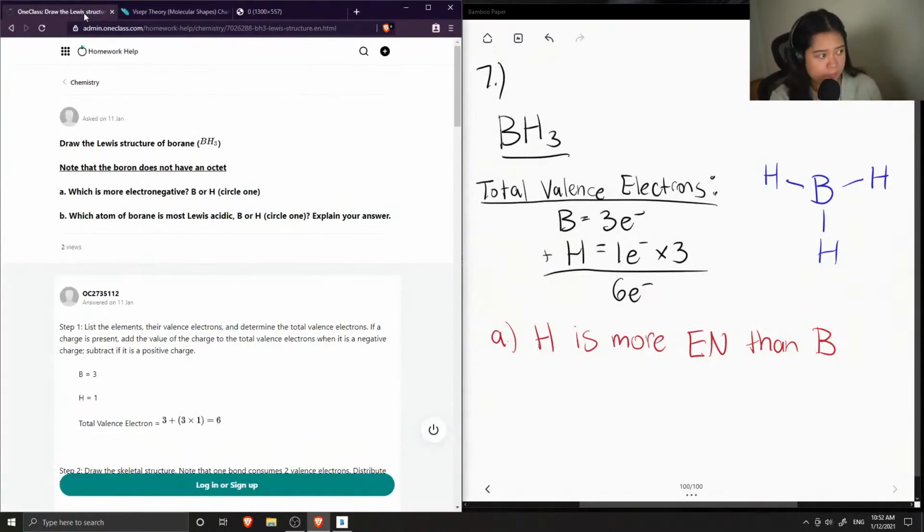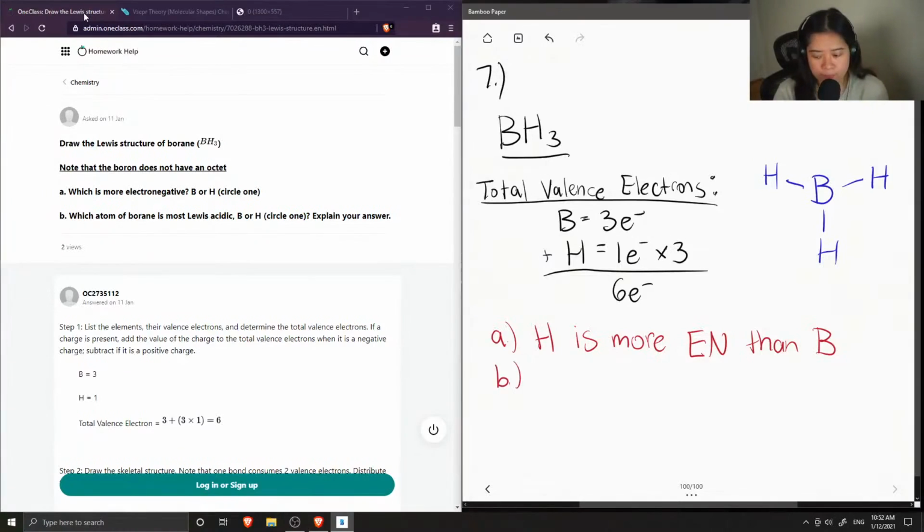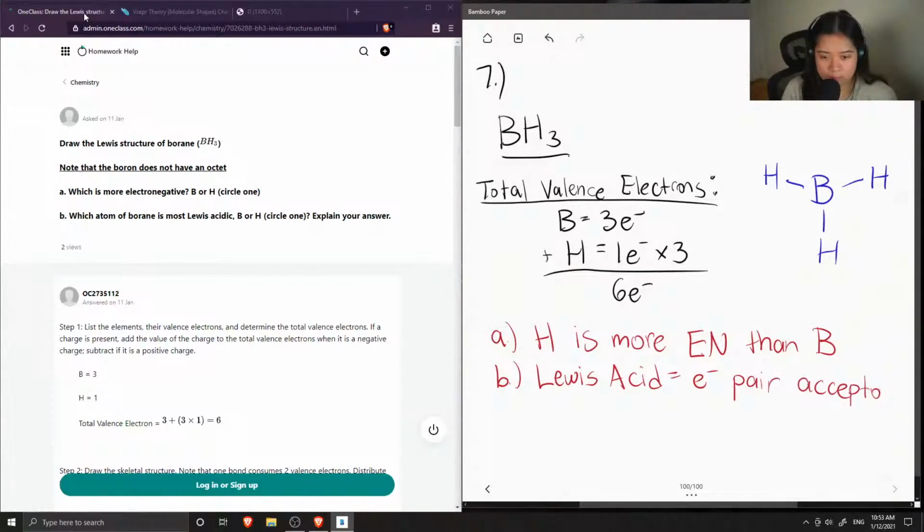Part B, which atom of borane is most Lewis acidic? So first, let's define what a Lewis acid is. A Lewis acid is an electron pair acceptor. So already, since boron doesn't have a full octet and it has an empty orbital, boron is likely to accept another pair of electrons, making it more Lewis acidic.